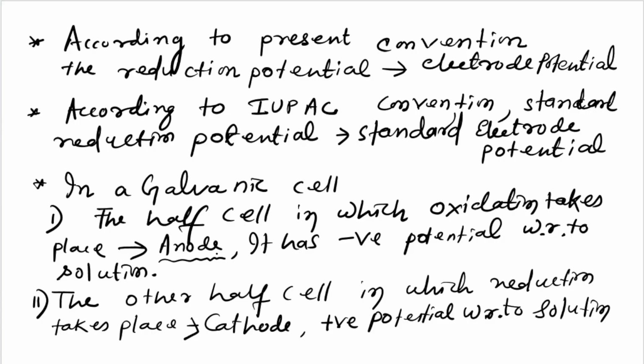Similarly, the other half cell where reduction takes place is called the cathode, and it has positive potential with respect to the solution. Remember, a galvanic cell is not only for zinc and copper; it can be prepared with any metal as possible.